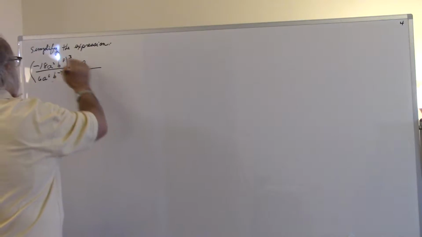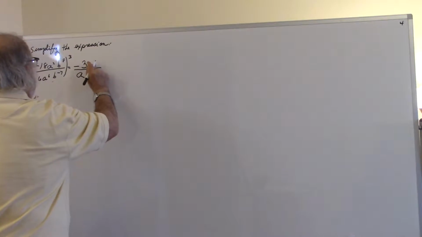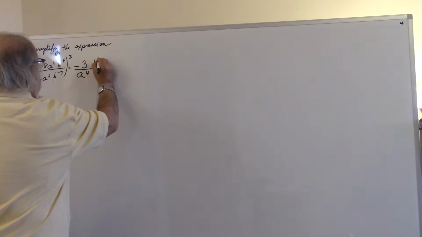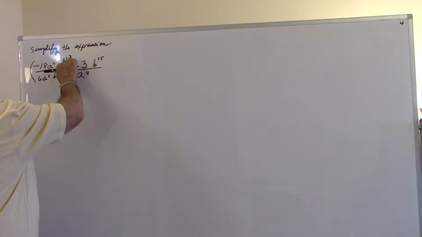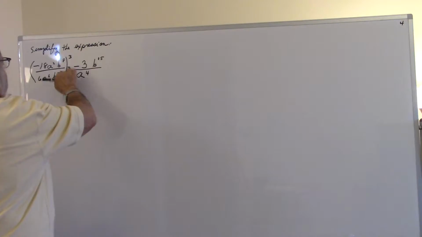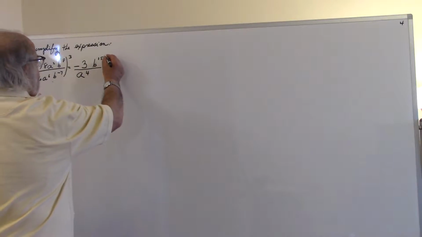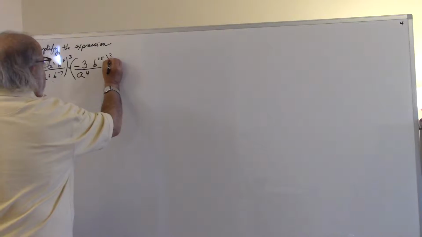Now bring this up, and that becomes b to the 15th power. Because 8 and 7 is 15. Or the minus 7 you bring up, and you make that a 15. To the 3rd power.